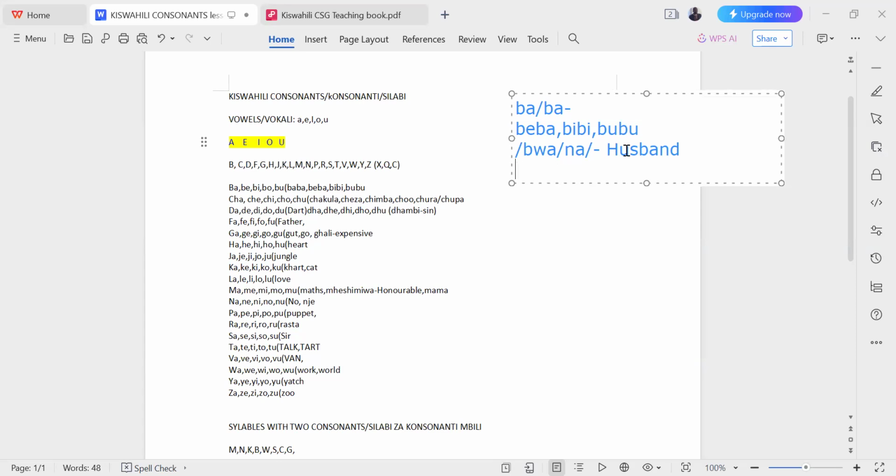Syllables that start with B and follow another consonant are very rare in Swahili. There are some, but very few of them.